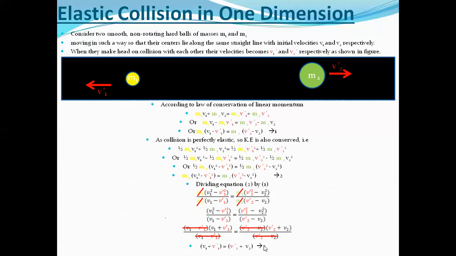This is equation number 3. Now we have to remember equation number 1, which is m1 (v1 minus v1 dash) is equal to m2 (v2 dash minus v2). This will come later on, but we have to remember it, and by rearranging equation number 3, we can put different values of v2 dash and v1 dash in equation number 1.